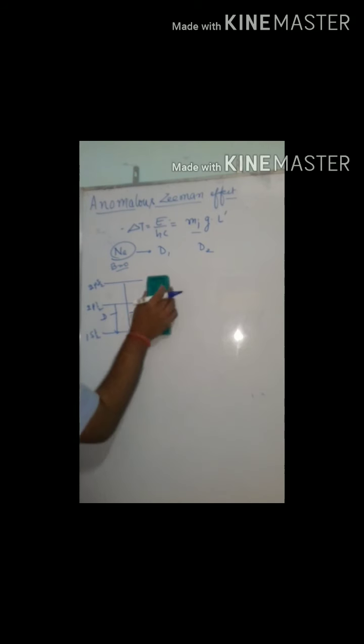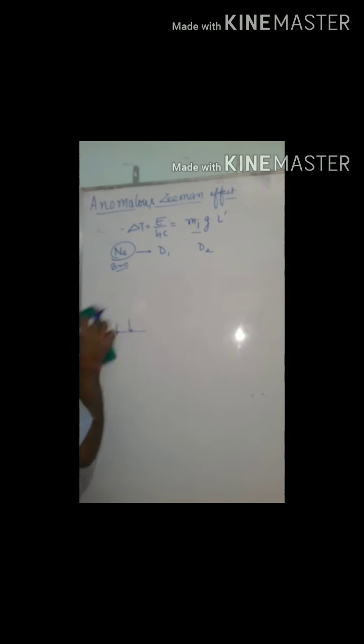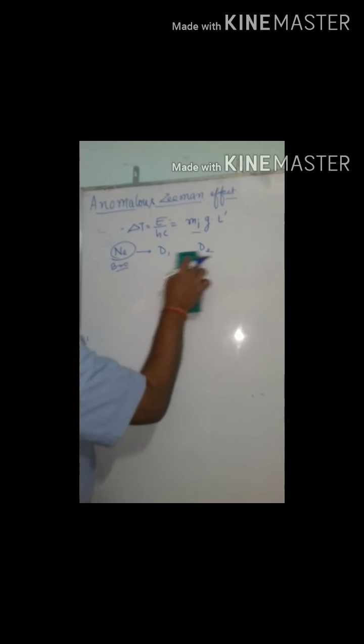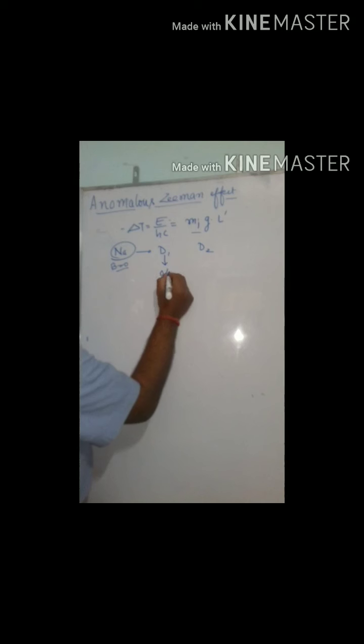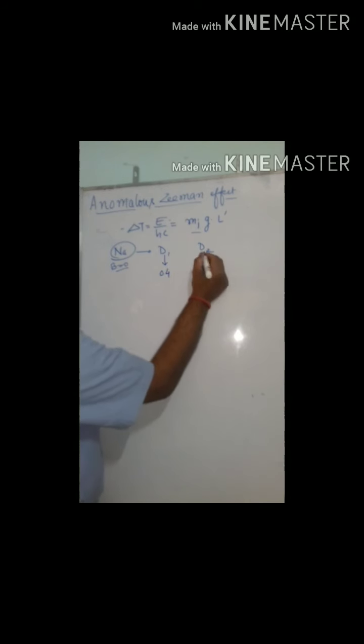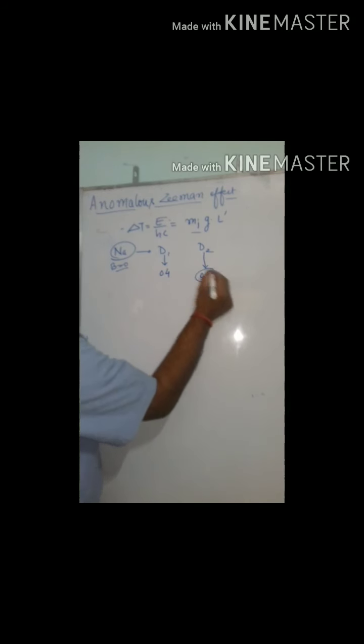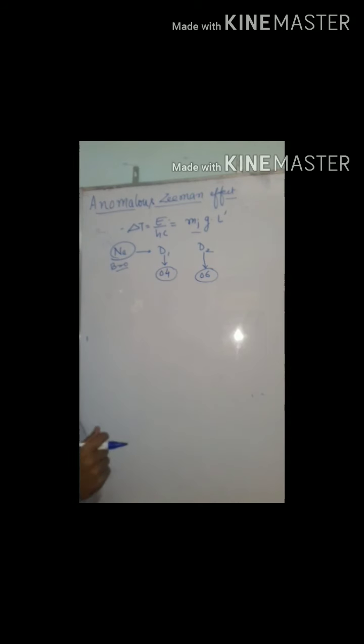Now if I take the anomalous Zeeman effect, then the D1 line gives 4 lines and the D2 line gives 6 lines. How do they give these lines?